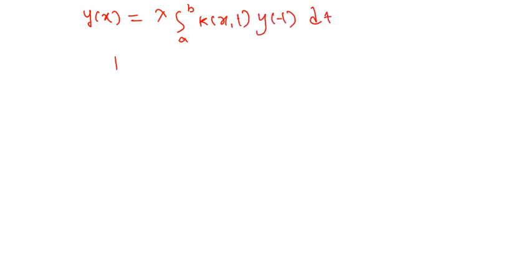In this same part, the question can also be asked as follows: the equation will be given as y of x equal to lambda times integral from a to b of k of x comma t y of t dt. And suppose k of x comma t is not the separable one, but some symmetric kernel.